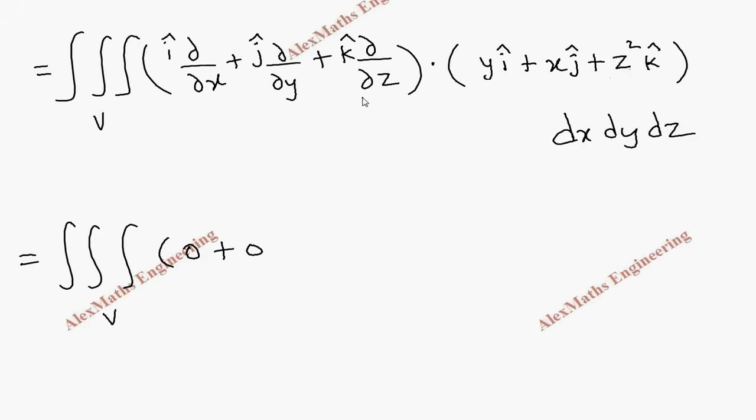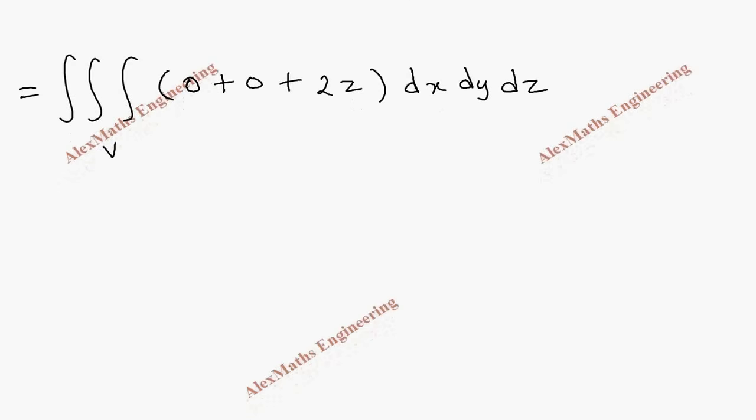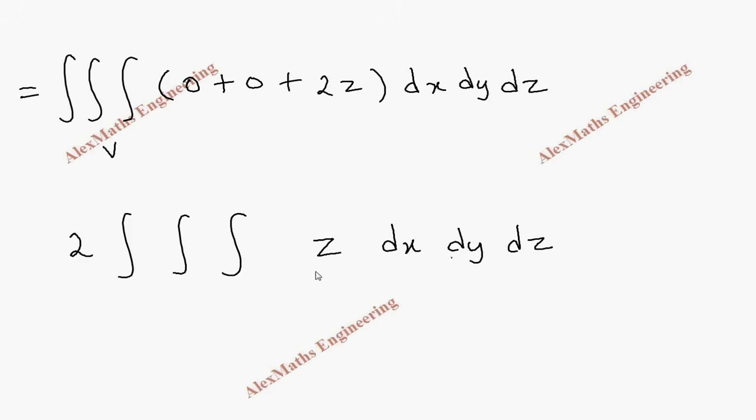Dou by dou z of z square is 2z. Now we have dx, dy, dz. And now we have to use the limits. So 2 is a constant, can be taken out. We have the triple integral z dx dy dz.